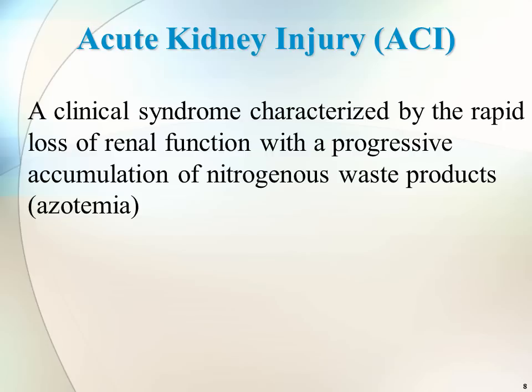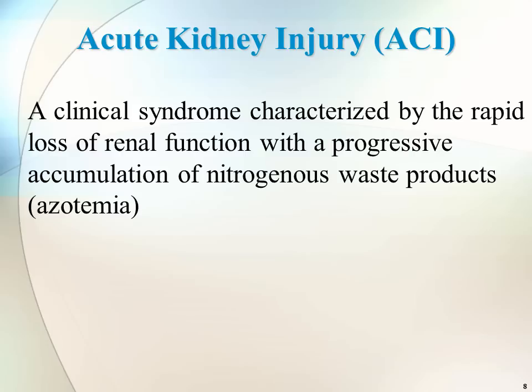So the body has some sort of an insult, a nephrotoxic drug, some sort of a major kidney injury like poor perfusion, and we're going to talk about what causes it in a minute. Some of the characteristics you need to know about acute kidney injury is that it has a rapid onset, a rapid loss of function, and it can come on in hours to days after the initial insult to the kidney, and it could be something very slight or a significant injury.